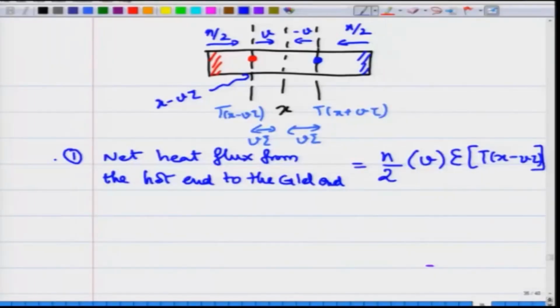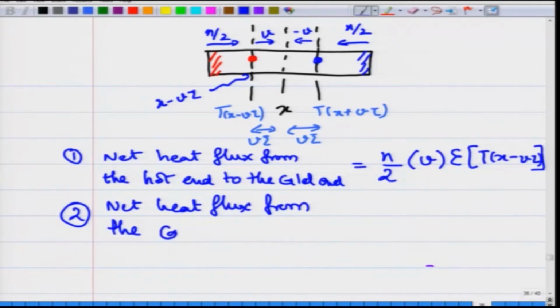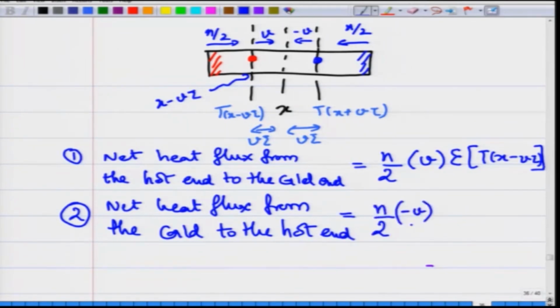So, you have one term which is the net heat flux which is coming from left to right. Similarly, you have another heat flux which is coming from right to left, and so the net heat flux from the cold to the hot end is n by 2 into minus V, because now recall that the velocity of these electrons is in the opposite direction to this distance x, these are drifting in the opposite direction.